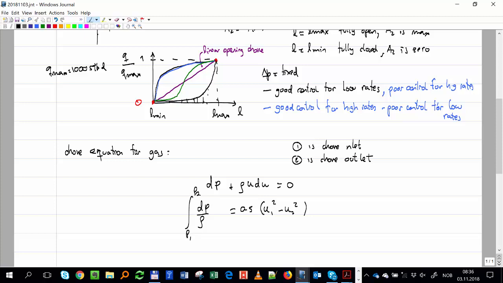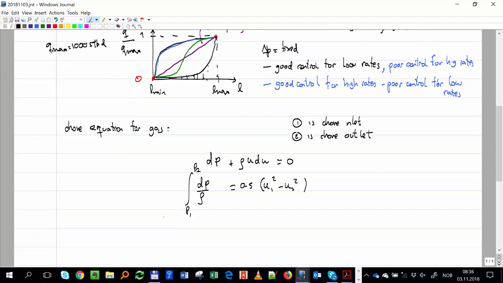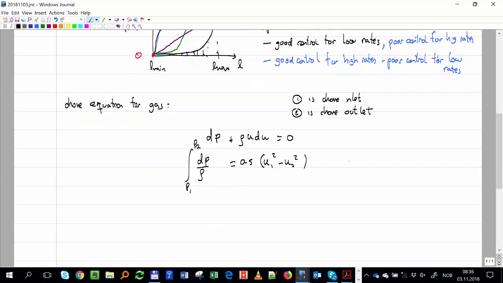Now, one of the assumptions we make with gas is that U2 is much, much bigger than U1. For liquid, because the density doesn't change, they are more or less comparable. But for gas, due to the change in pressure, U2 is always much, much bigger than U1.